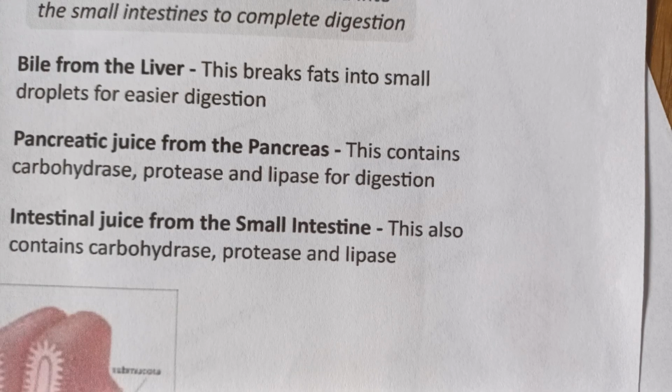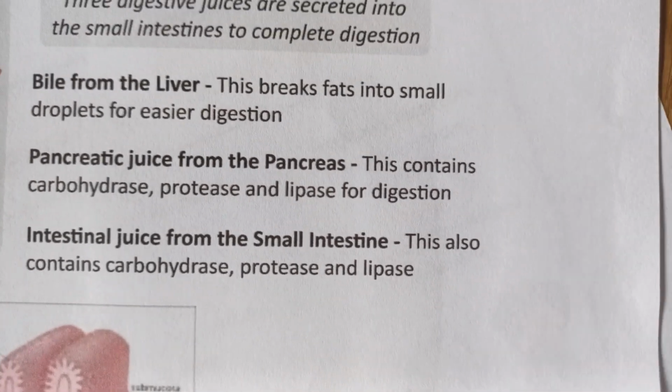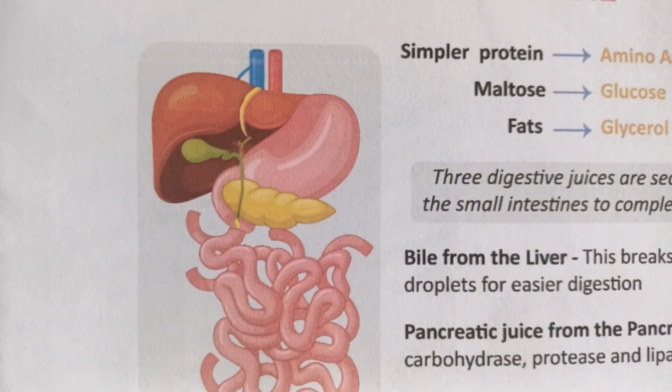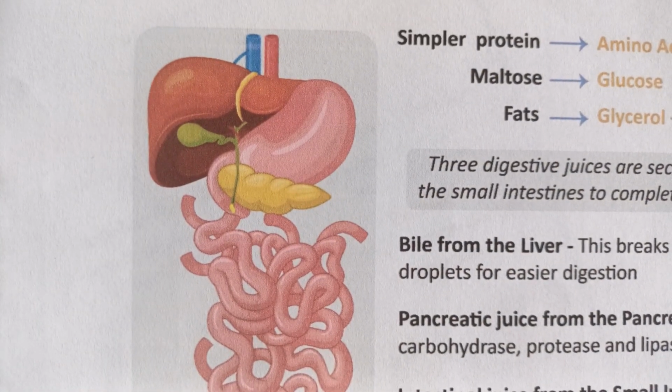Now let us talk a little bit further into this. The food coming from the stomach is acidic, and it needs to be neutralized, because then acidic food will not be useful in the small intestine area.